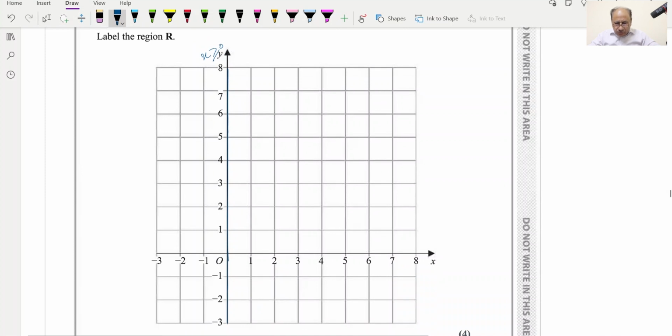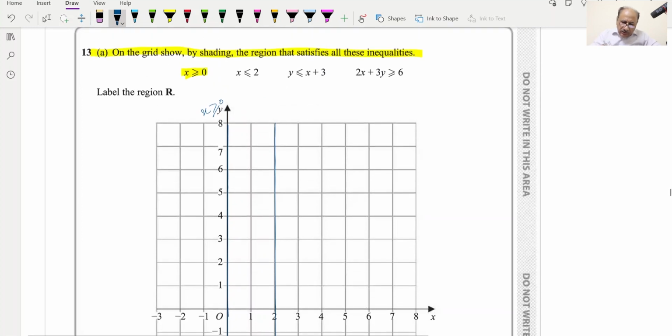Less than or equal to 2 will be this line, which we can draw. So this will be x is less than or equal to 2. This one we have also drawn, and the third line is y is less than or equal to x plus 3.